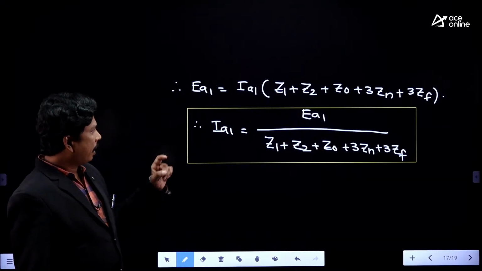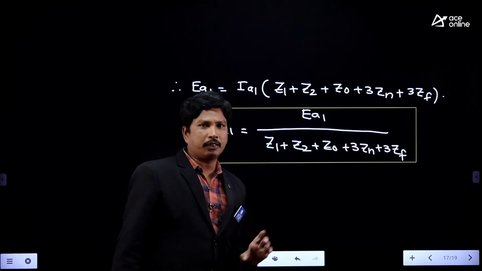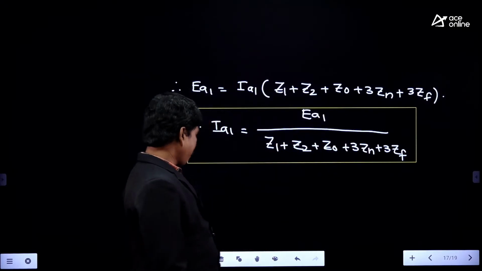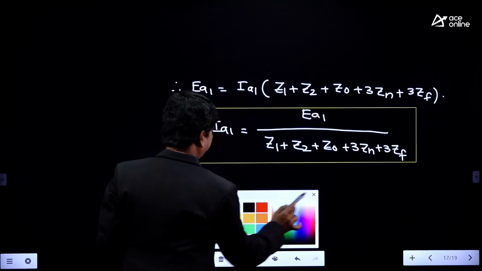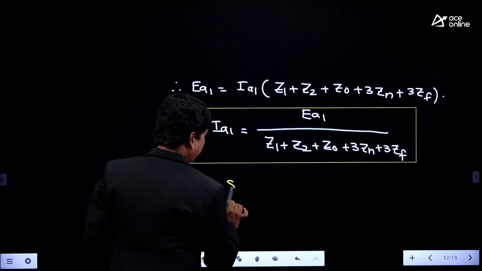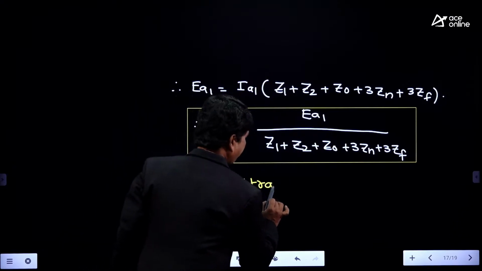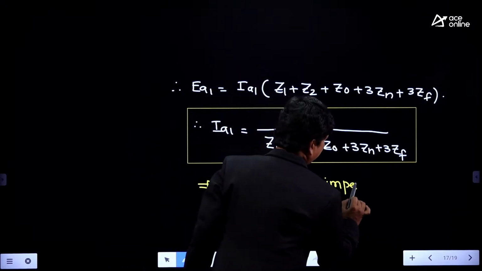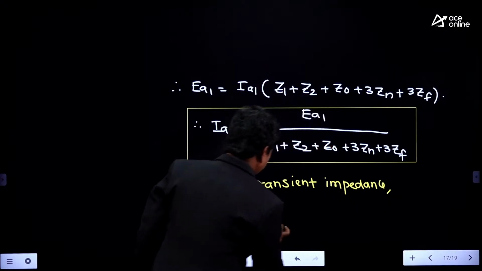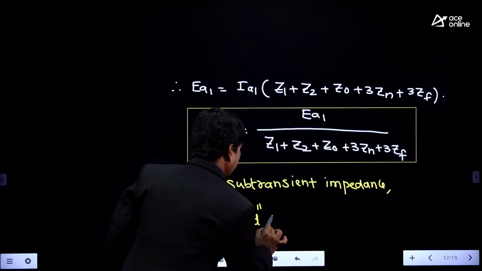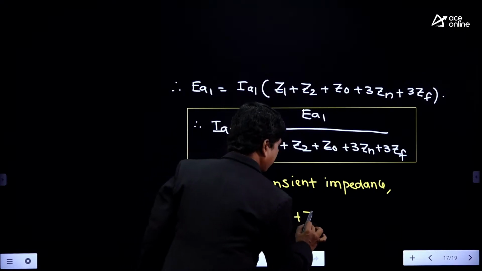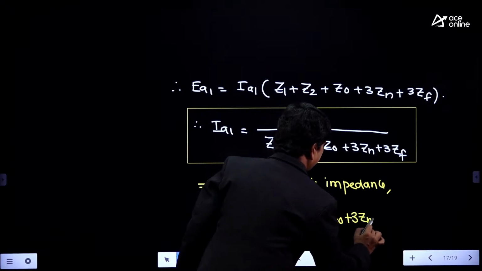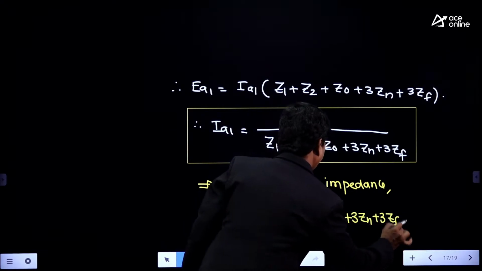Once we got this, the denominator is nothing but the subtransient impedance. So the subtransient impedance ZD double dash is equivalent to Z1 plus Z2 plus Z0 plus 3Zn plus 3ZF.